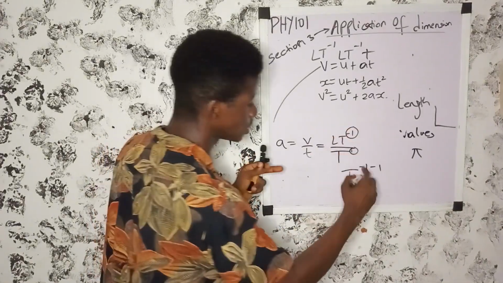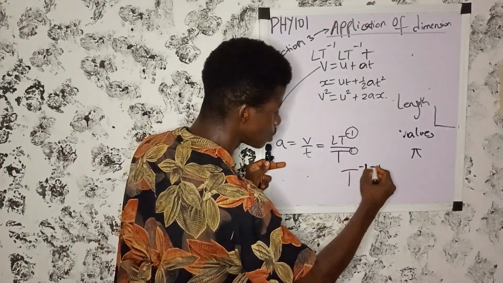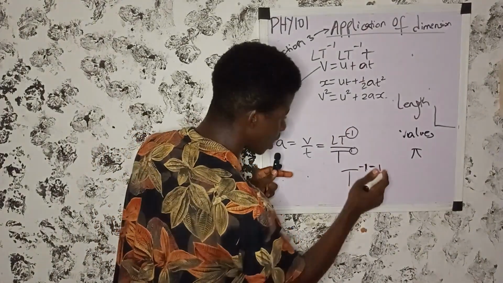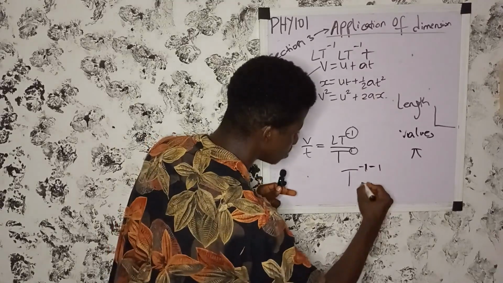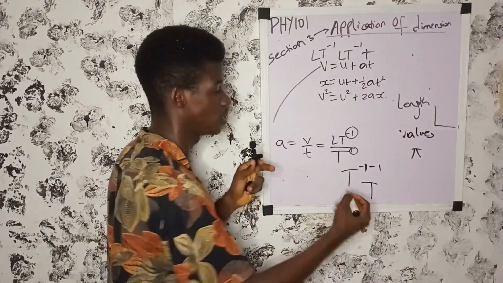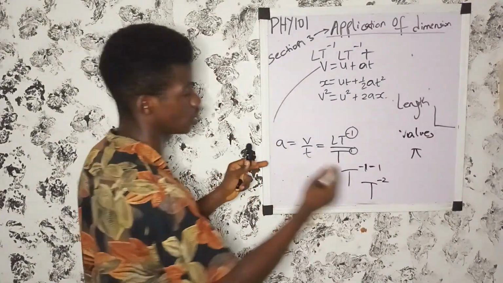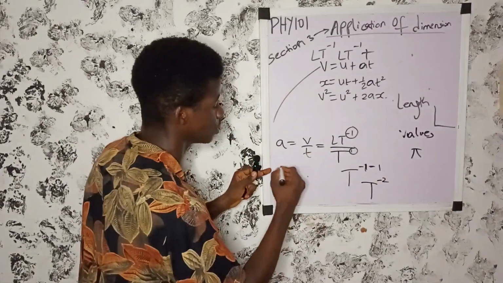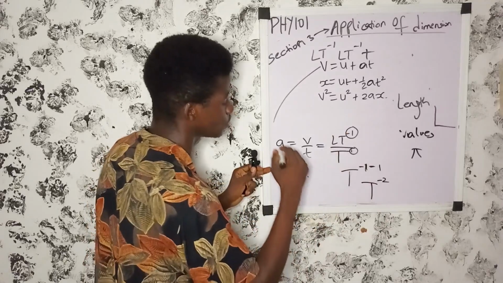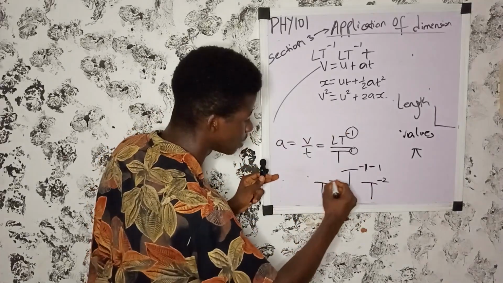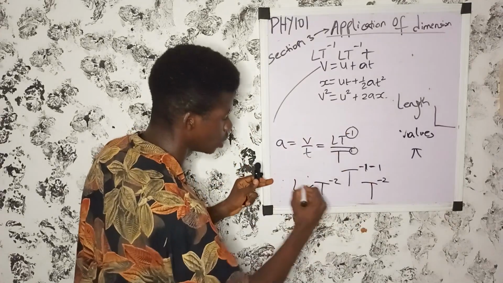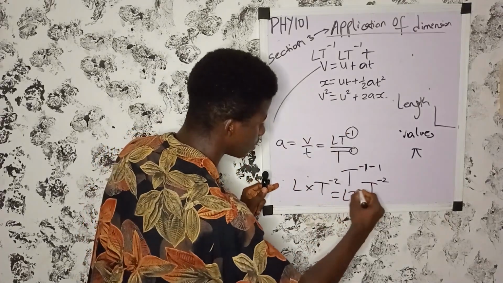So if we subtract 1 from minus 1, we get T raised to power minus 2. Then times L, we have L t raised to power minus 2.